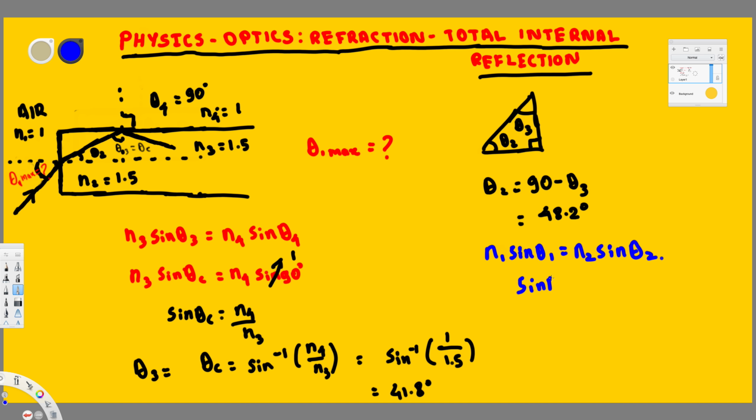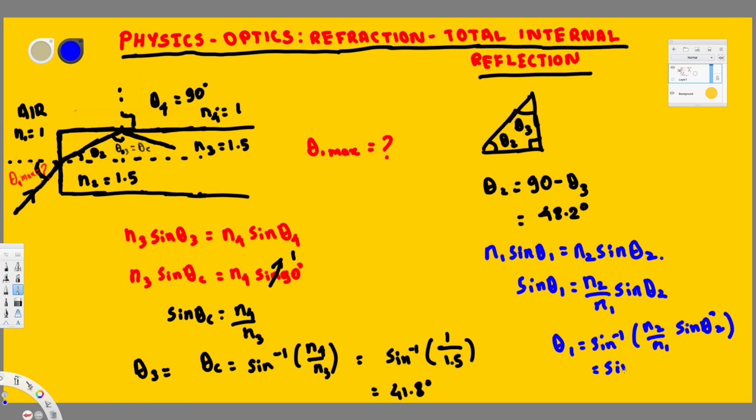Sine theta 1 is going to be equivalent to N2 over N1 times sine theta 2. Therefore theta 1 is going to be sine inverse of N2 over N1 sine theta 2. So this is what we are trying to find: the maximum angle it should have. Now let's see what we get from this.